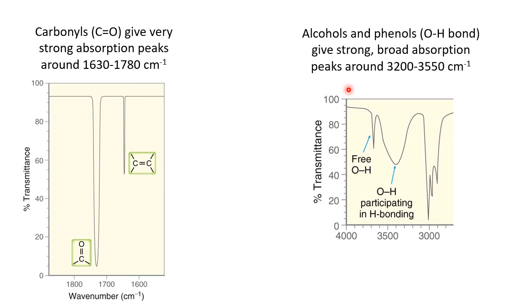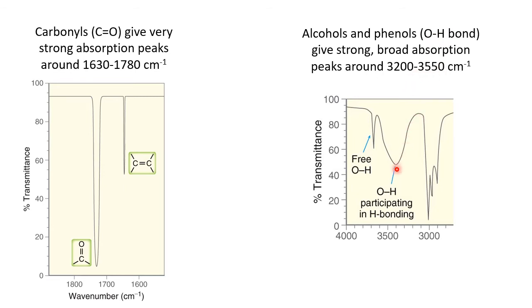Alcohols also give very strong absorption peaks. Alcohols are slightly different in that they're going to be giving a broad absorption peak, and that's going to be around 3200 to 3550. Again, this higher frequency is because we are bound to the small hydrogen atom.